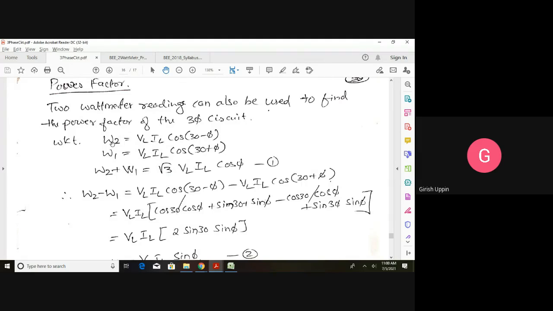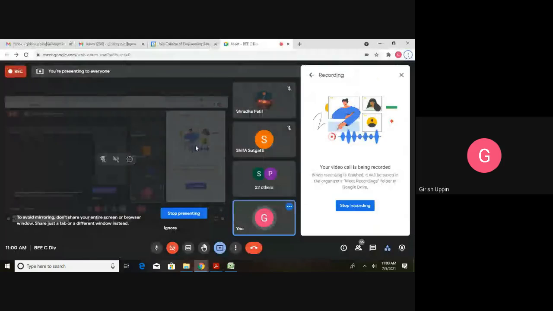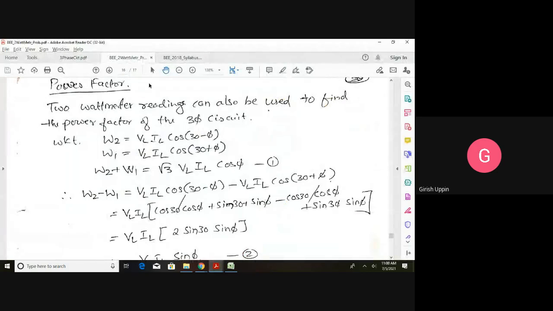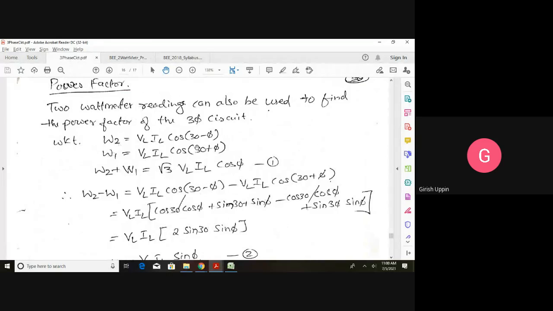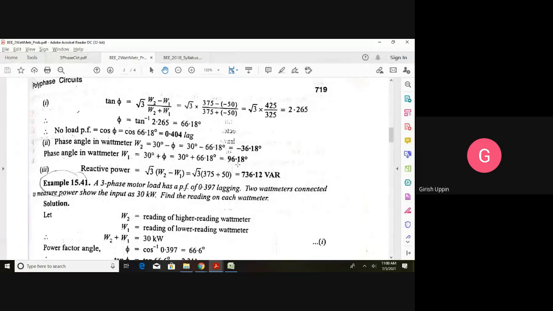So W2 is taken as 30 minus phi, that is 30 minus 66.18. We get it as minus 36.18 degrees. And the phase angle in wattmeter W1 is 30 plus phi. Again, from the equation, W1 is 30 plus phi. We get it as 96.18 degrees.